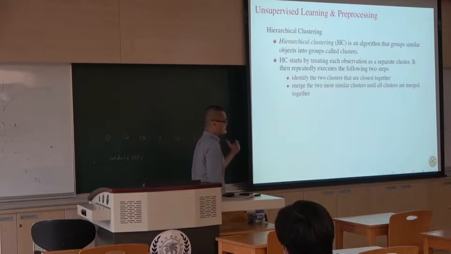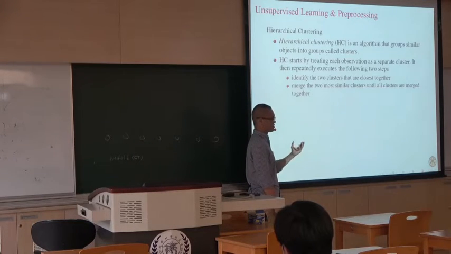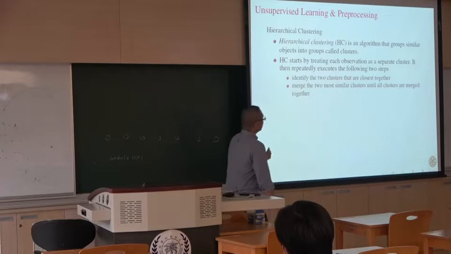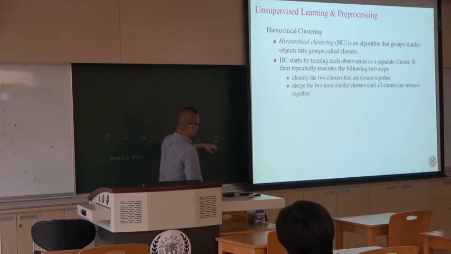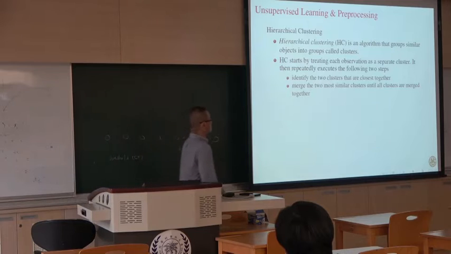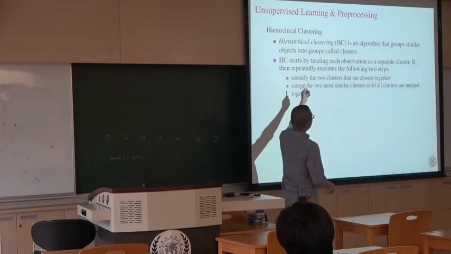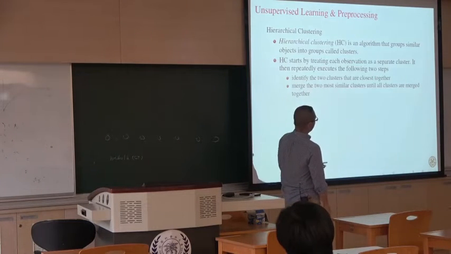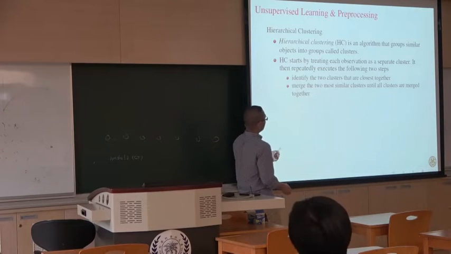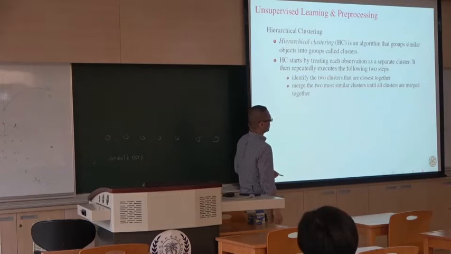When we use the word cluster, it means that it probably contains multiple data points, multiple observations. But in hierarchical clustering, at the very first stage, each data point is itself a cluster. So simply, you begin by treating each observation as a separate cluster, a cluster of its own, and then it repeatedly does the following two steps.